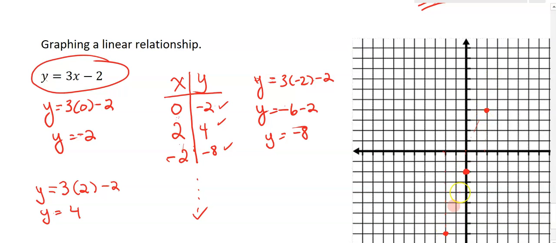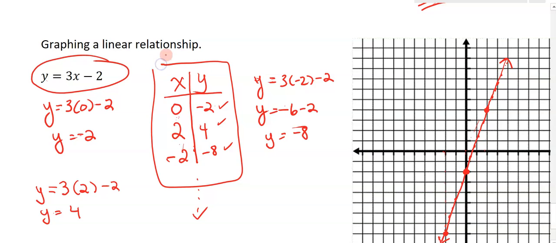So instead of writing all of our infinite points that would work in this, I just have 3, and so I'm just going to draw a line through to show this infinite number of points. That means any point along here, I could choose and plug into this equation and it balances. So I can graph a line by creating a table of values, plotting the points, and finishing off the line.